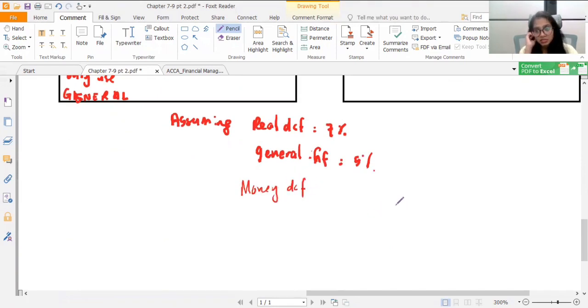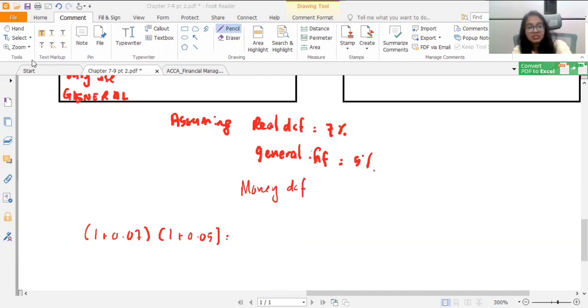So how you do it is you use the Fisher formula, 1 plus r, 1.07, multiplied by 1 plus the general inflation rate, 1.05. Okay, hold on. Now I'm doing the calculation with you guys. 1.07 multiplied by 1.05 should give you 1.1235.